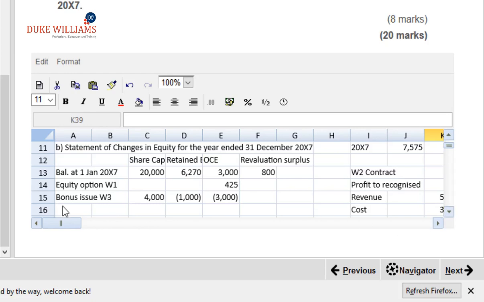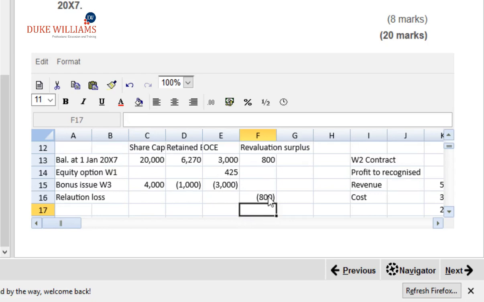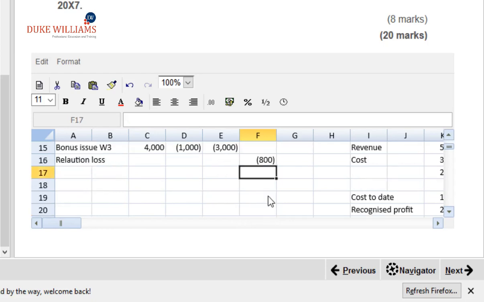So what we do is to bring the revaluation loss, and that should take away this. So this is equal to the 800 because we are lessening it, and that should be a minus here. Okay, good.